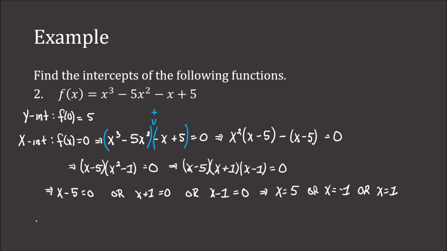And so, our intercepts we have -1, 0, and we have 0, 5. That's the y-intercept. Then we'll have 1, 0, and finally 5, 0.